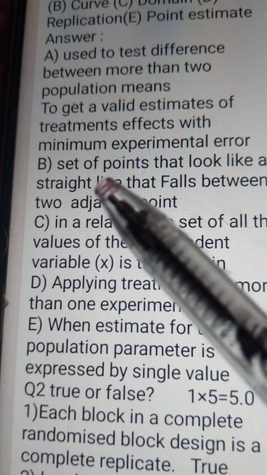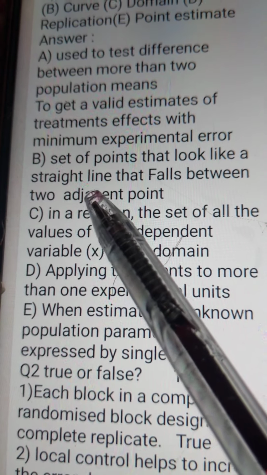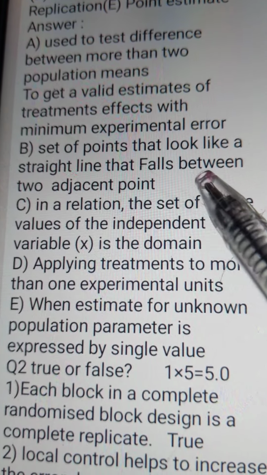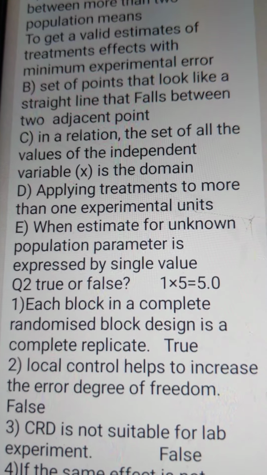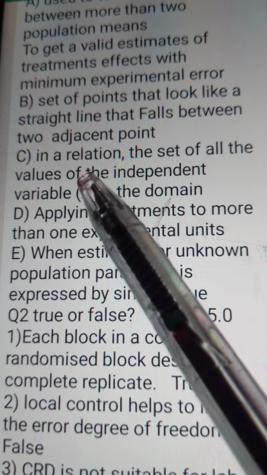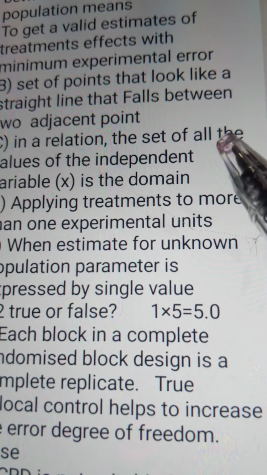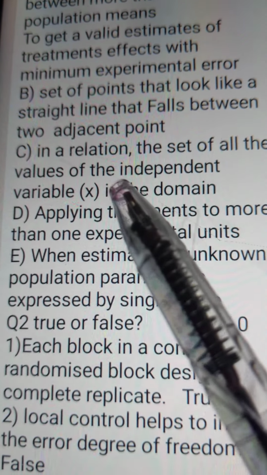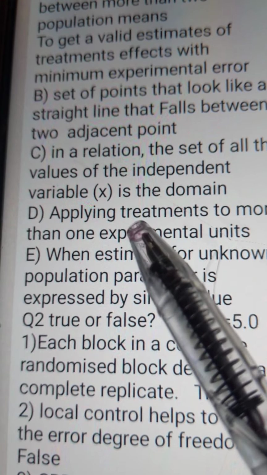Next, B: what is a curve? A set of points that looks like a straight line that falls between two adjacent points. C is domain. In a relation, the set of all the values of the independent variable x is the domain.